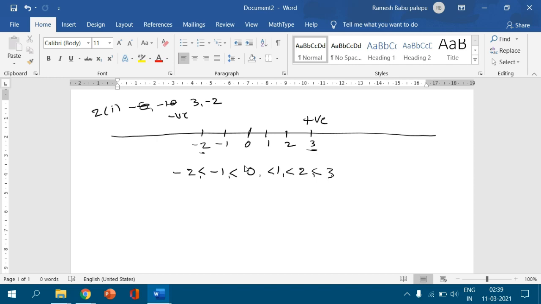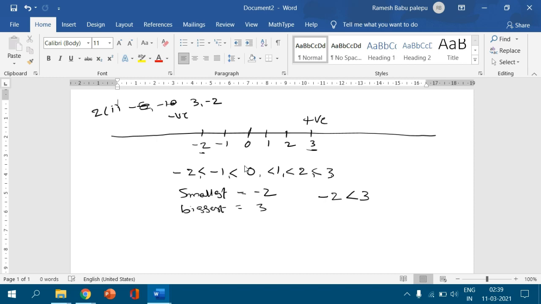So here the smallest number is -2, and the biggest number is 3 among -2 and 3. That is, -2 is less than 3. Okay friends, I hope you can understand.